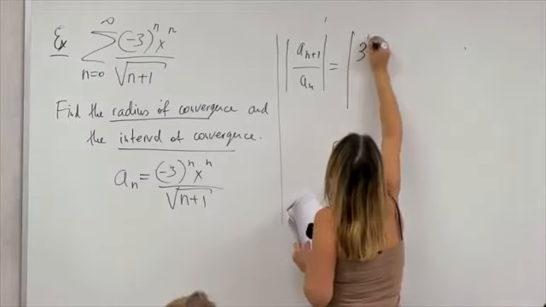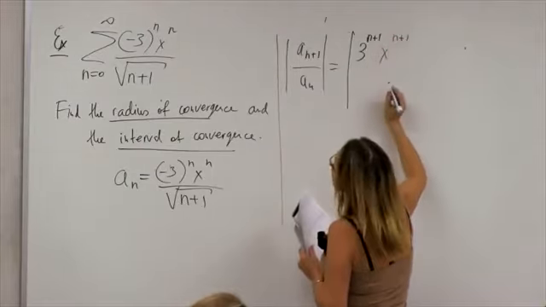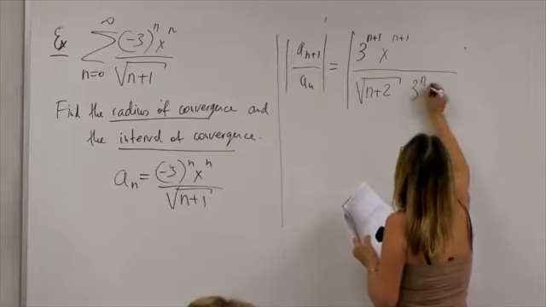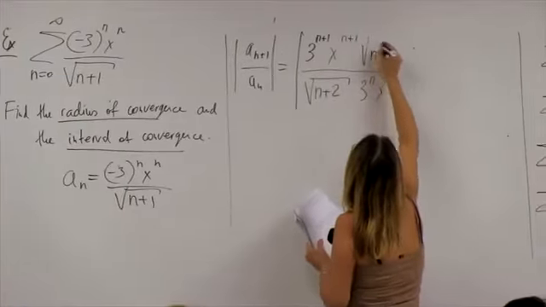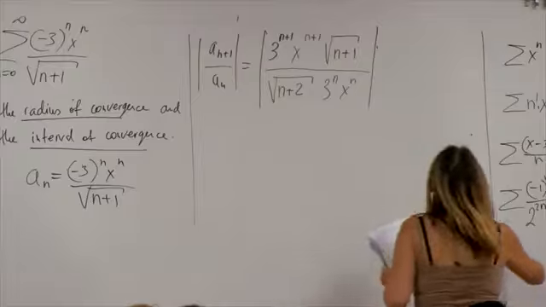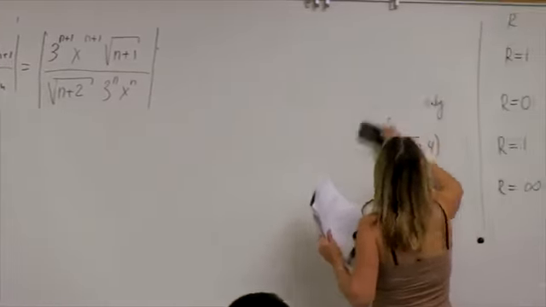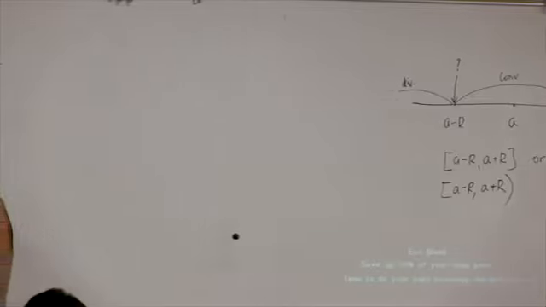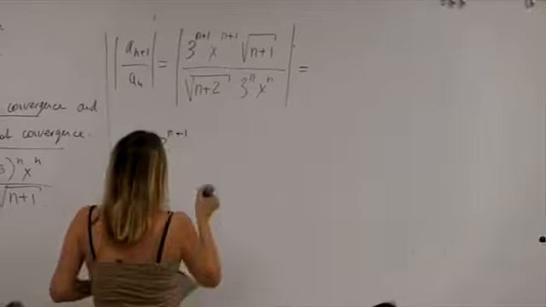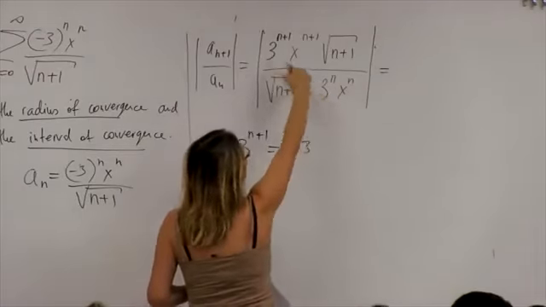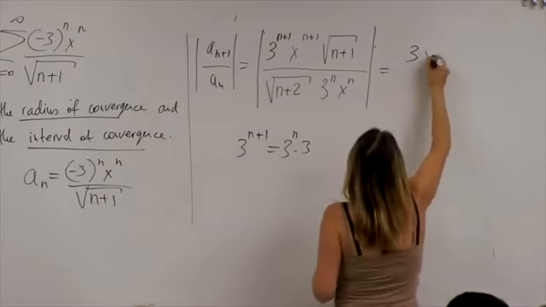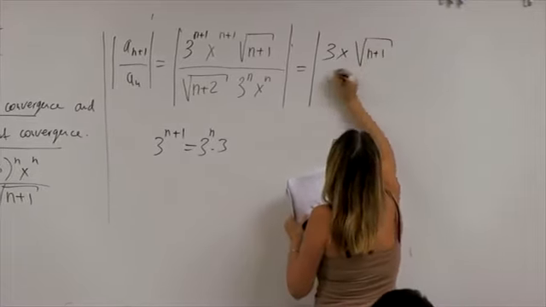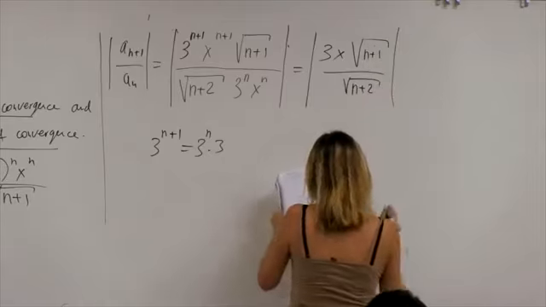So I have 3 to the n plus 1, x to the n plus 1, square root of n plus 2, over 3 to the n, x to the n, square root of n plus 1. 3 to the n plus 1 is 3 to the n times 3. 3 to the n cancels, so I have 3, x is here, and I have the square root of n plus 1 over n plus 2.